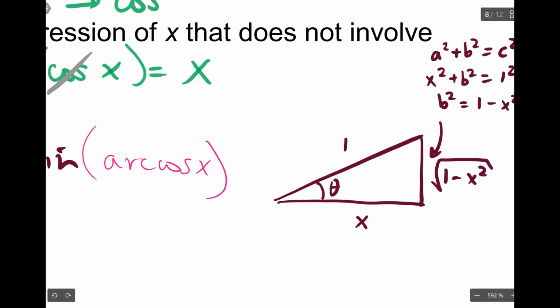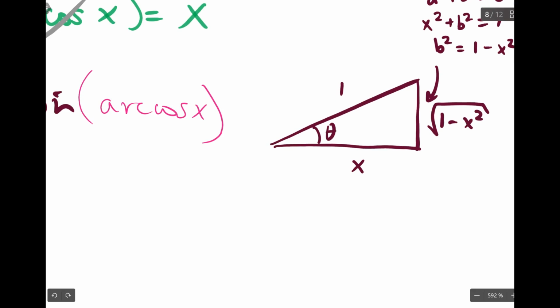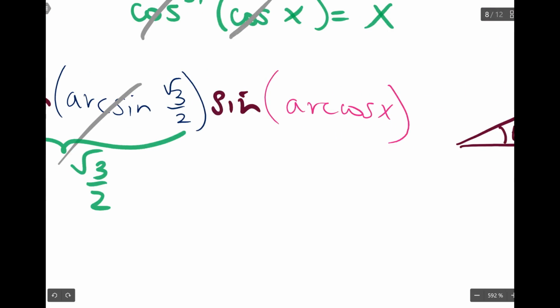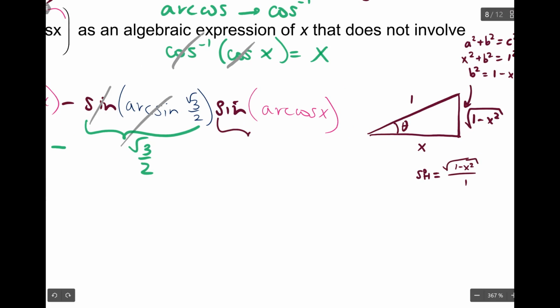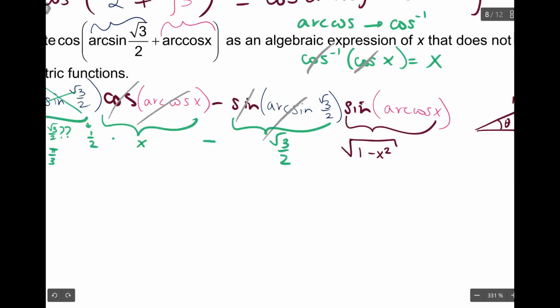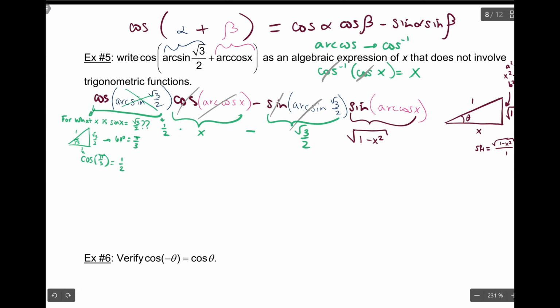Now if I want to do sine of this angle, SOHCAHTOA, sine of this angle would be opposite, square root of 1 minus x squared, over 1. So this value is square root of 1 minus x squared. Now that we found each part, let's combine.